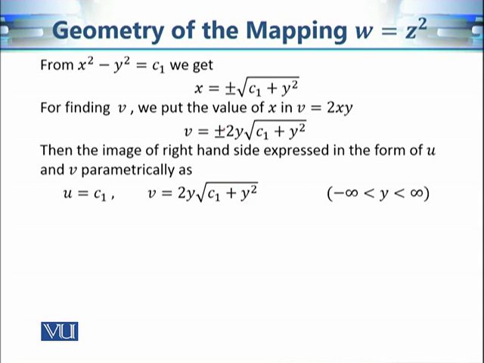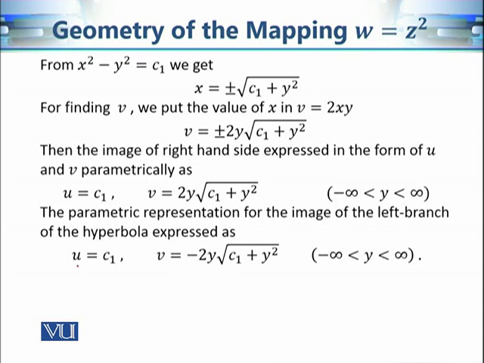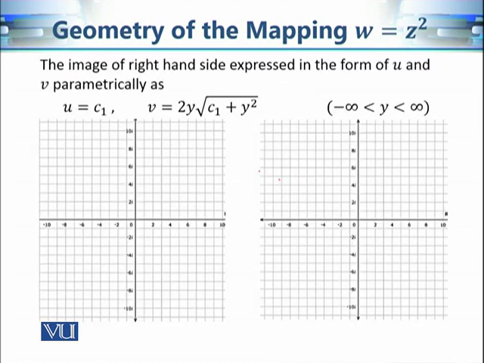And if we use the negative value of x, it becomes the following line: u = c1 and v = −2y√(c1 + y²). Now let's study these two images separately. Consider the first case where u = c1 and v = 2y√(c1 + y²).